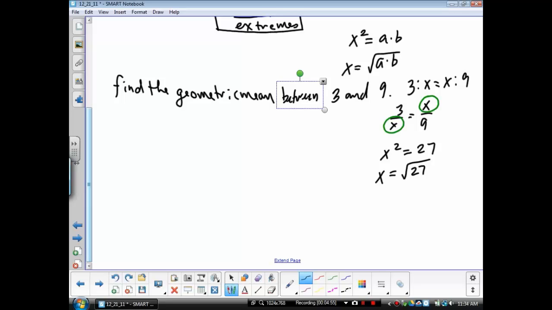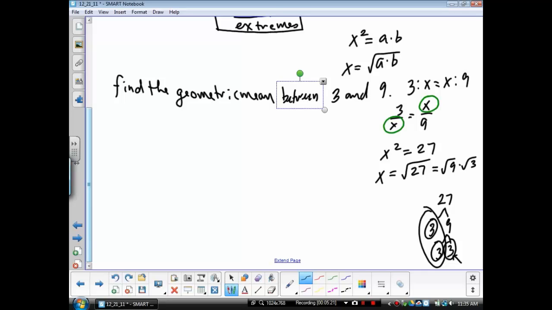Now, when we do the square root of 27, we have to look at the factor tree for 27. 27 is 3 times 9, which is 3 times 3, and I see that I have a repeated factor of 3. So I can simplify the square root of 27 by putting those factors together as the square root of 9 times the square root of the number that's left, square root of 3.